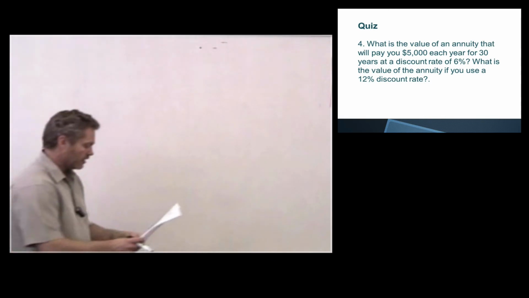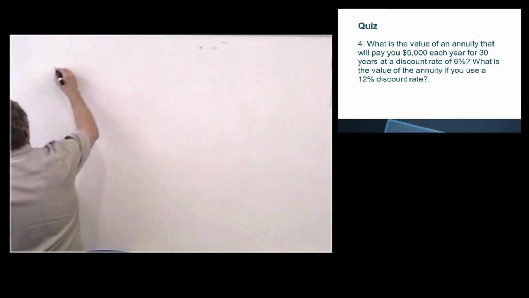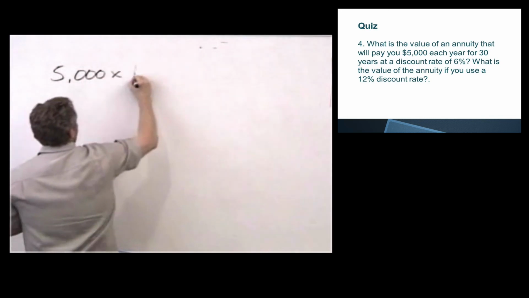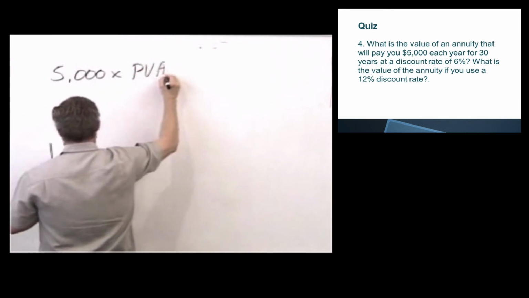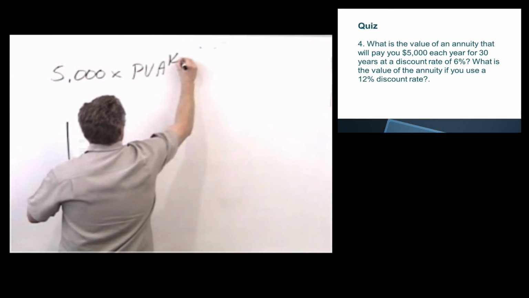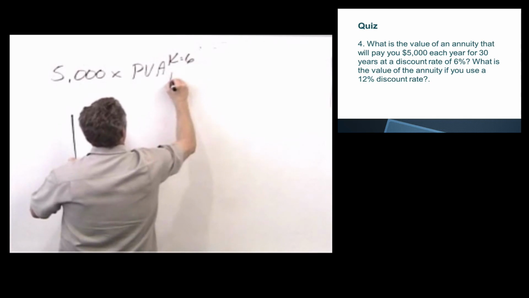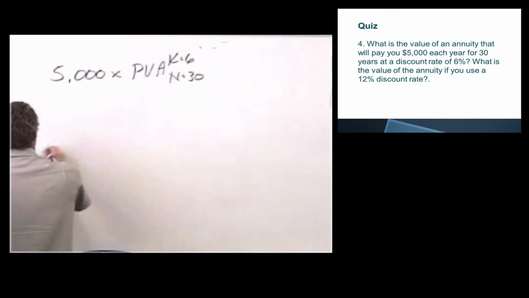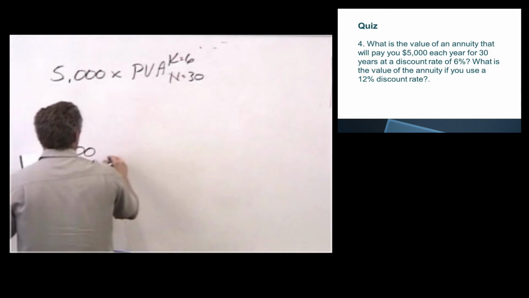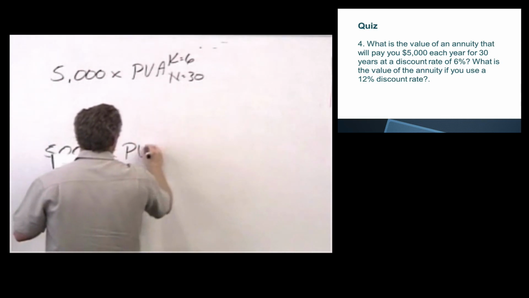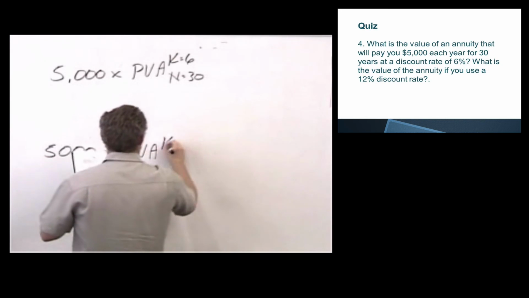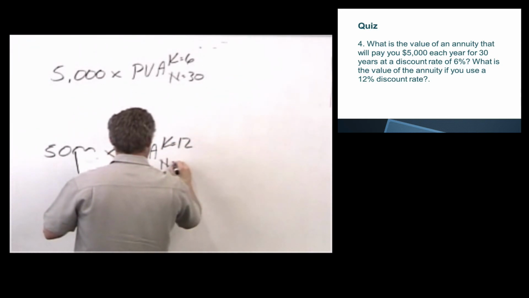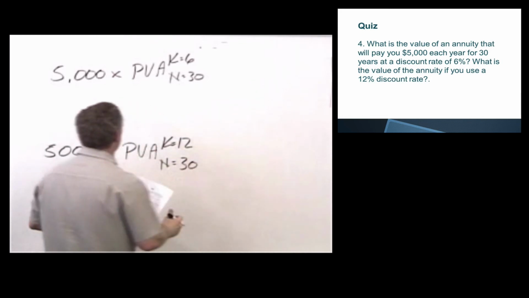So we're going to take $5,000 times present value of an annuity, K equals 6, N equals 30, and $5,000 times present value of an annuity, K equals 12, N equals 30.